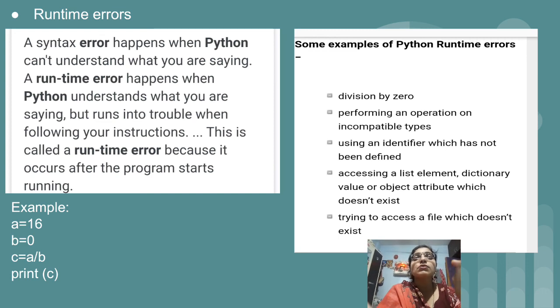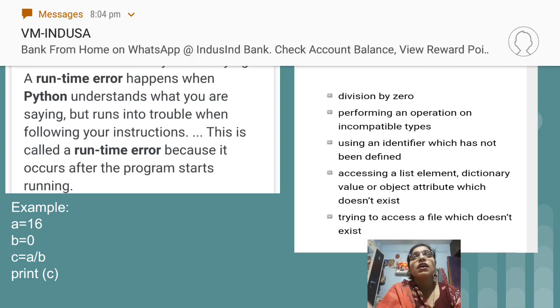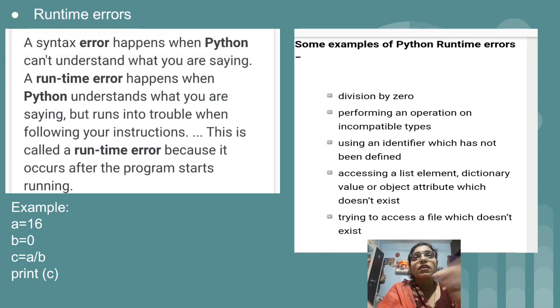After execution of this program, you will get an error message. Why? Because we cannot perform division with 0. We cannot divide any number by 0. This is called a runtime error.